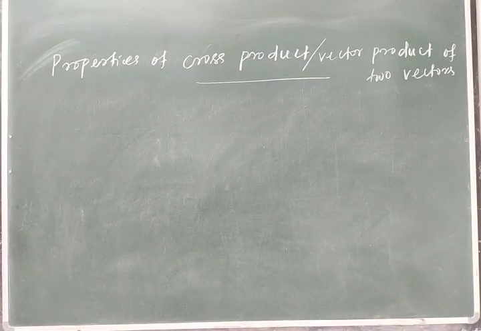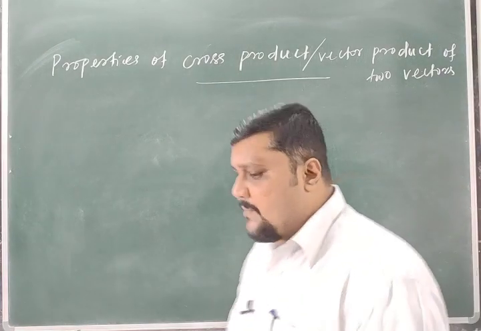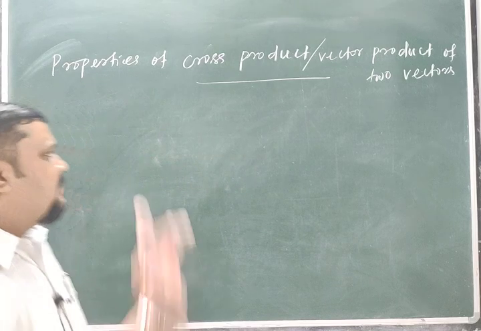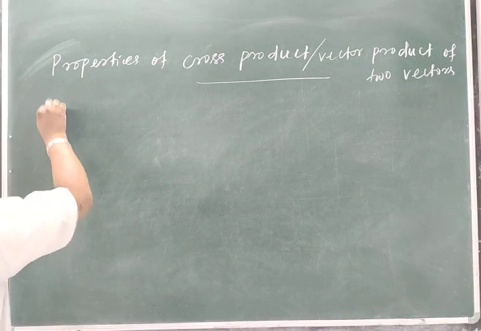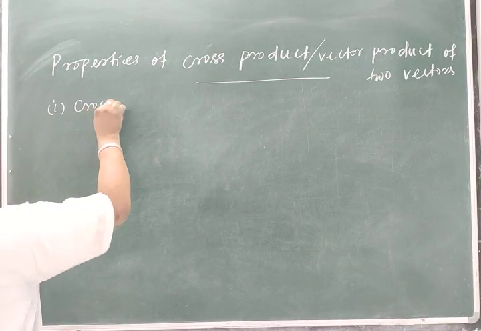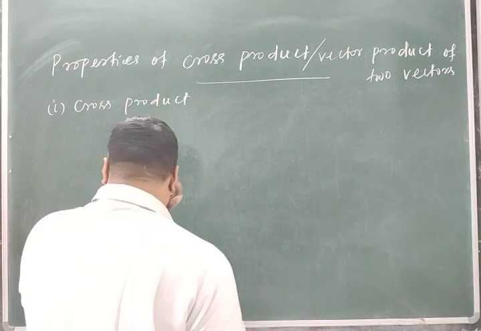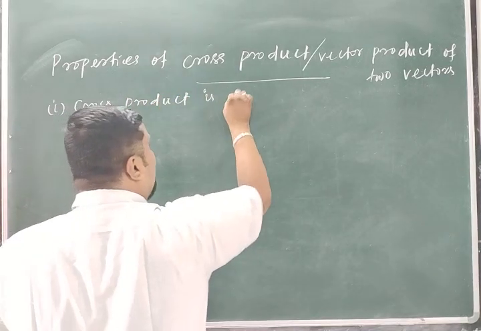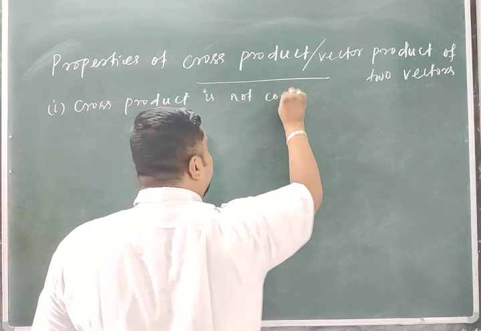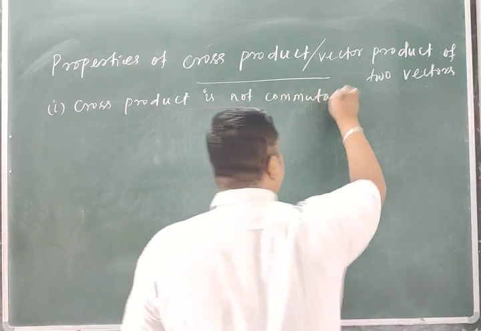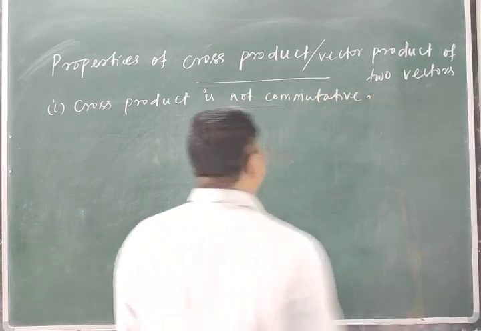Now come to the properties of cross product or vector product of two vectors. The first property, which we have already discussed, is that the cross product is not commutative, meaning it does not follow the commutative law.